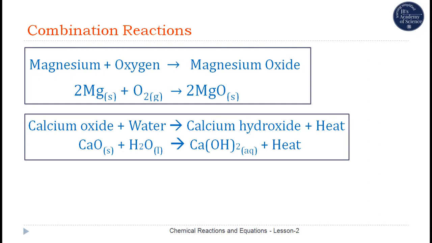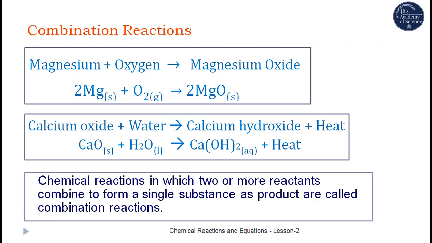Another example, when you mix calcium oxide with water, they combine together and a new substance will be formed, calcium hydroxide. Calcium oxide plus water gives calcium hydroxide and heat will be liberated out. CaO plus H2O gives Ca(OH)2 plus heat.